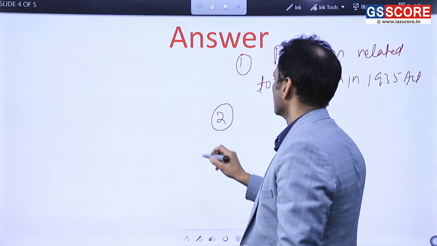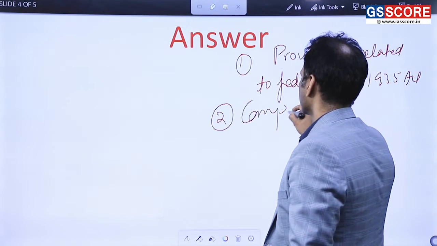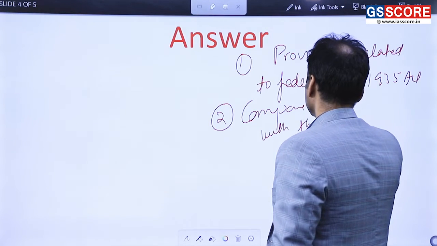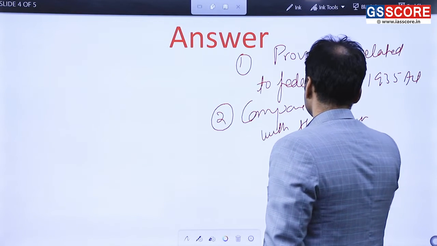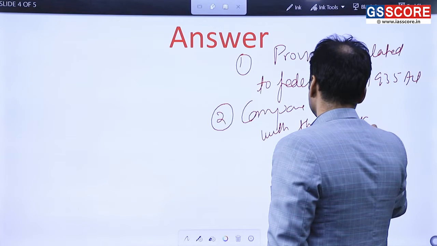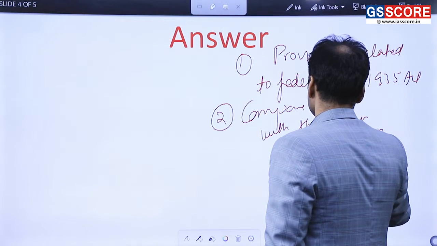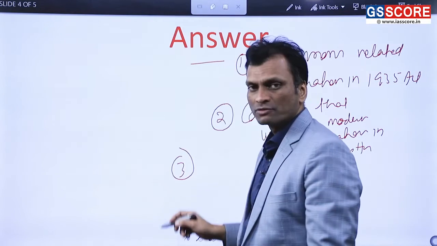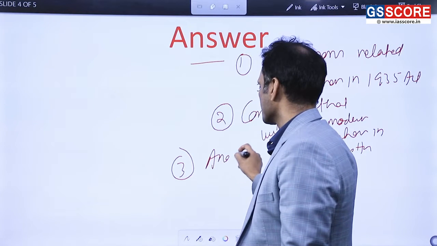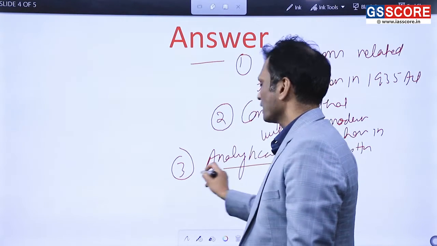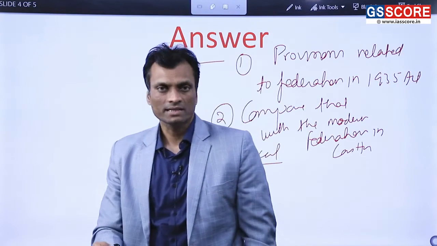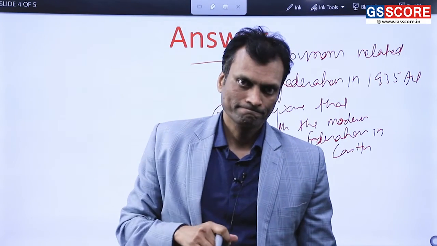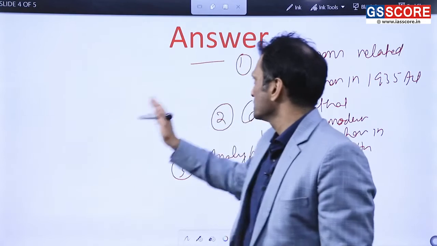Then the second thing we will do is compare that with the modern federation in the constitution, what exactly was given. And the third point in this answer, you will have to include that analytical part, that is the conclusion: how far do you think the 1935 Act would be said to be the harbinger of federalism in India? That's how the answer goes.